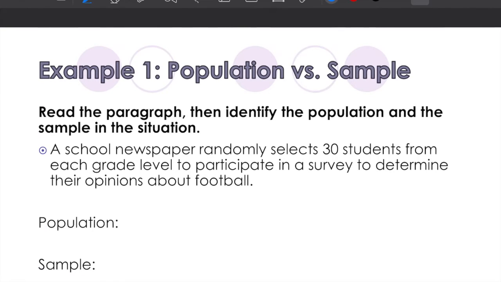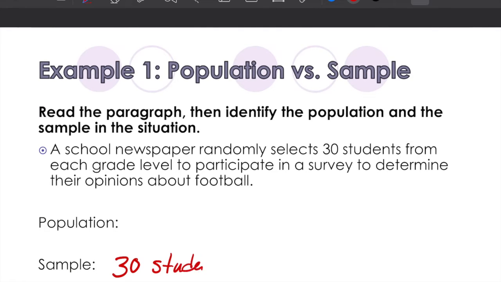We just need to figure out which one is the population and which one is the sample. Usually the easiest one you can find is the sample. The sample is just the small group that they're actually doing the survey. So in this case, what's the small group that's actually doing the survey? It's going to be the 30 students.